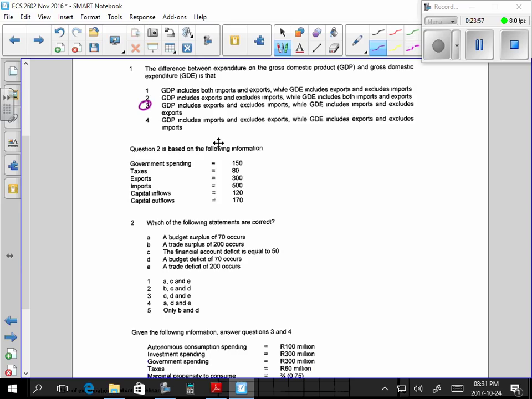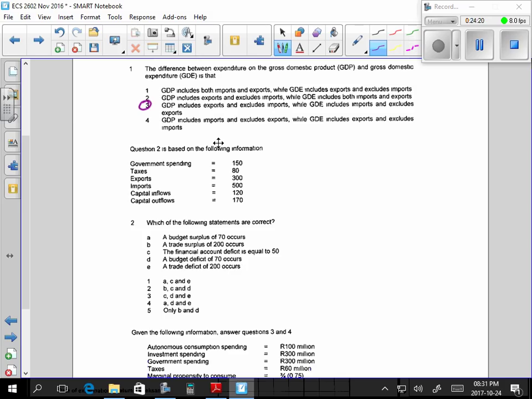We do not spend them on exports. So GDE includes imports and excludes exports. But expenditure on GDP is spending on what we produce. We produce exports, but we do not produce imports. So GDP includes exports, but excludes imports.